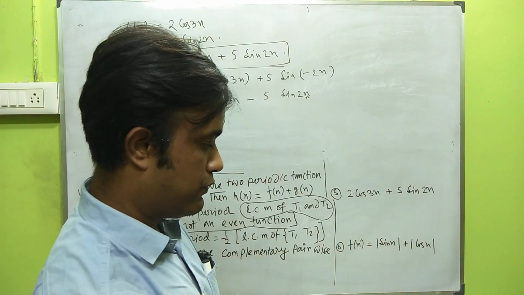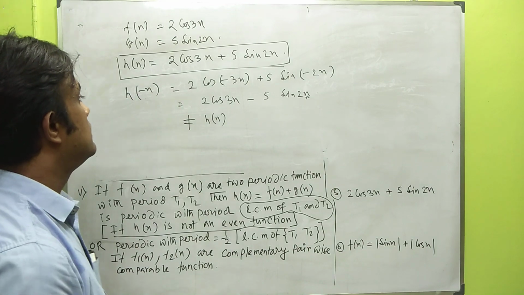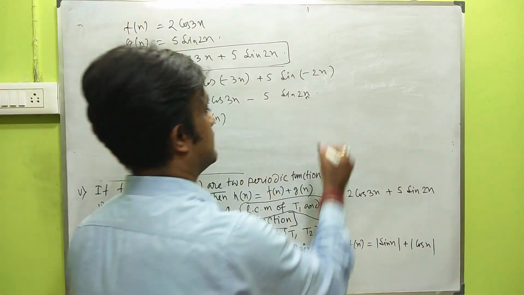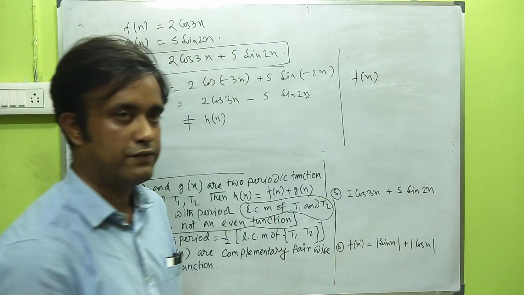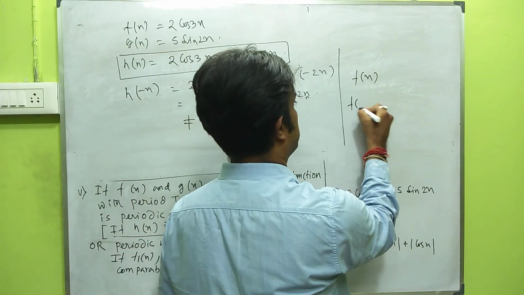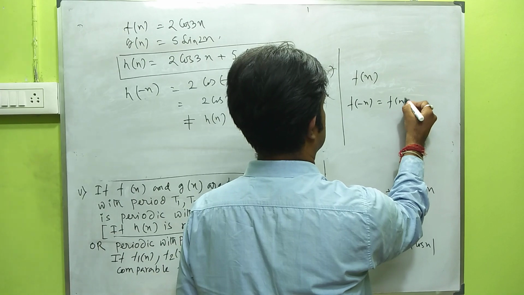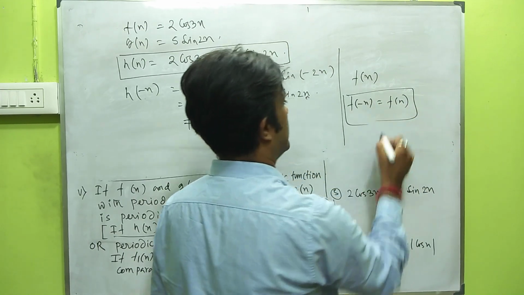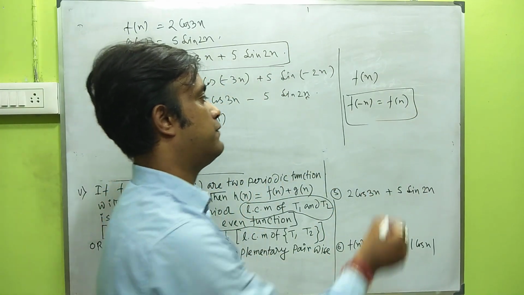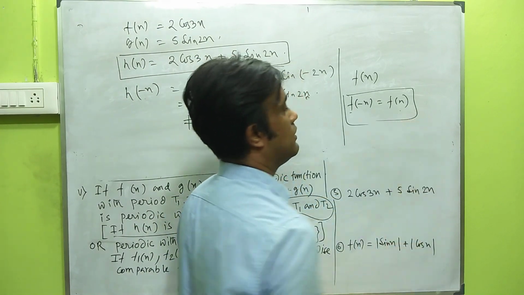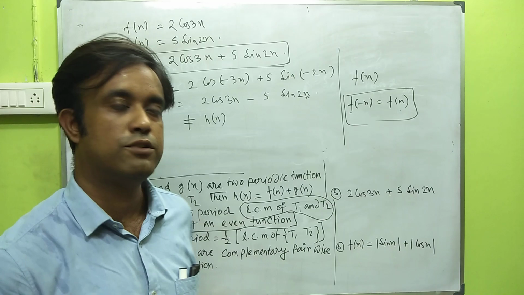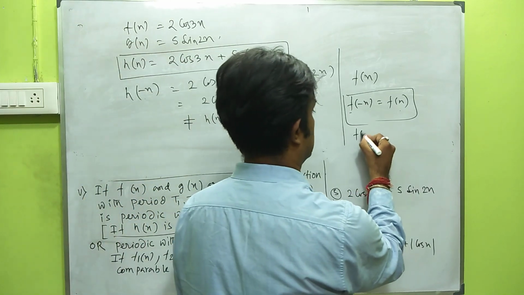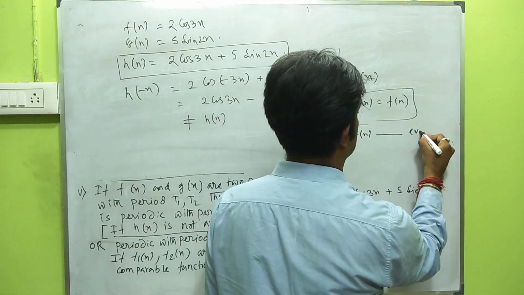What is the rule of an even function? If a function f(x) is defined such that f(-x) is equal to f(x), then f(x) is called an even function.